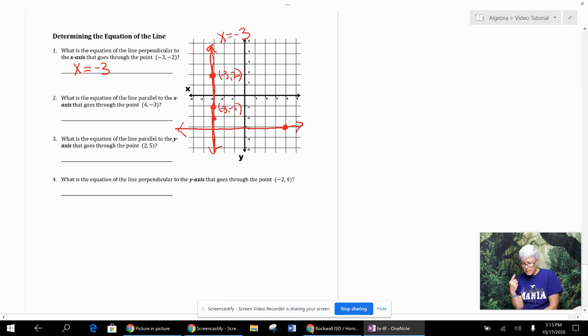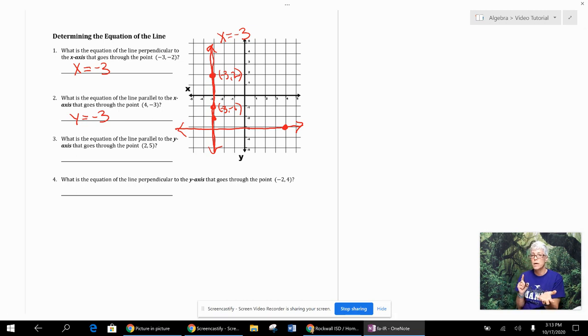So again, is this an x line or is this a y line? So it crosses over the y-axis at -3. So I'm going to write y equals -3.